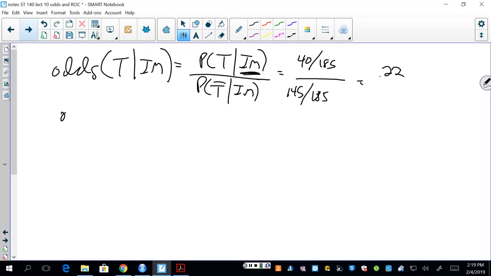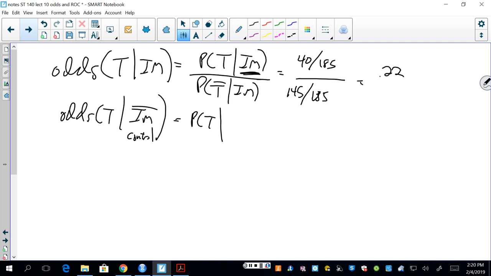How about the odds for tonsillectomy among the do not have? If they do not have this, they're called the control group. So it's a probability of tonsillectomy among those that do not have the history of the infection over 1 minus that.